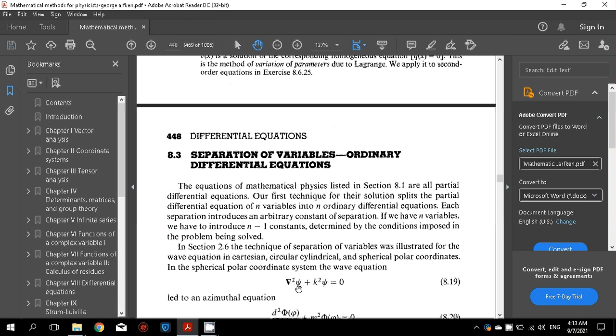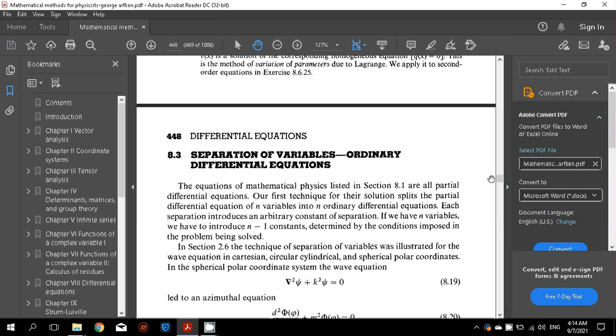Or if you are using spherical coordinates, then this function will be written as capital R as a function of small r, plus capital Theta as a function of small theta, plus capital Phi as a function of small phi. So instead of psi, our ordinary differential equation will show up capital R, capital Phi, capital Theta.